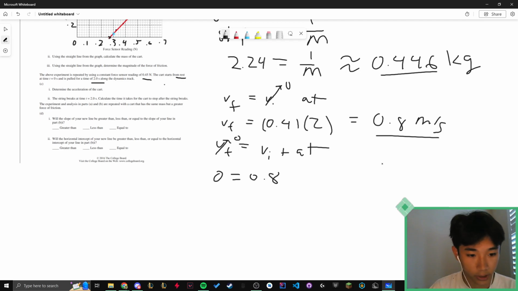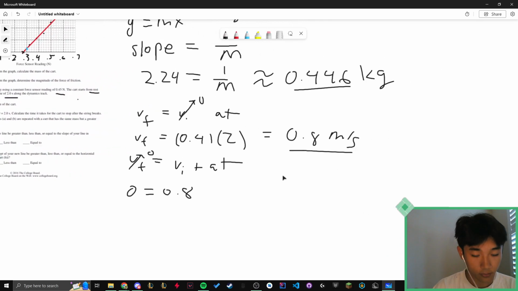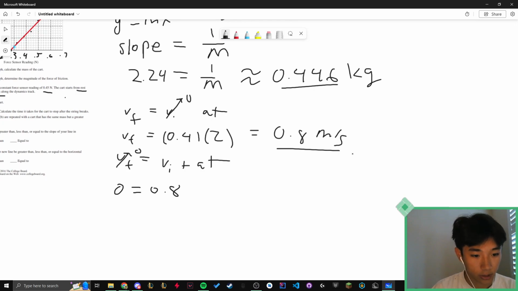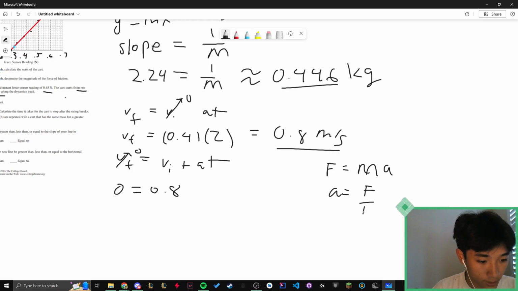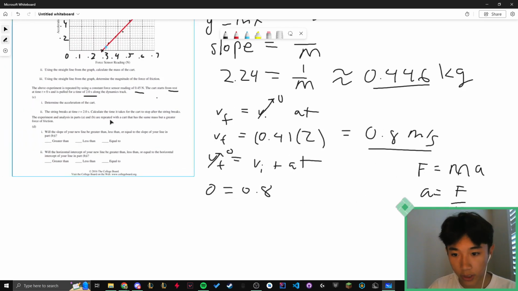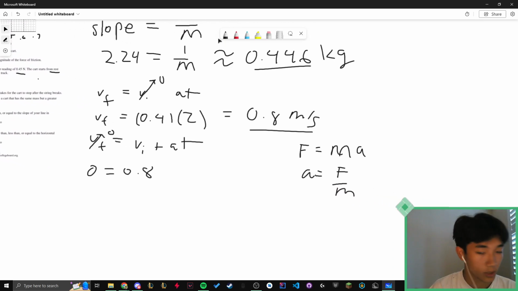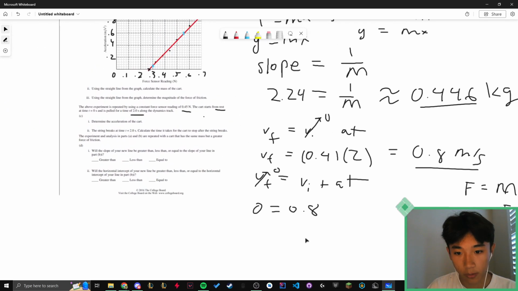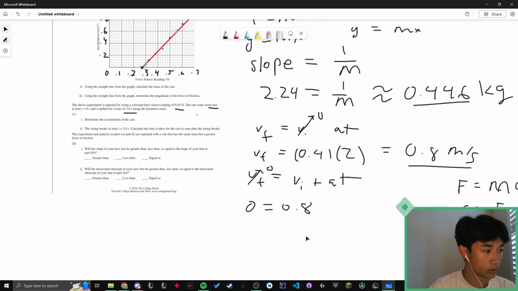and what is a actually in this equation? Well, a is going to be equal to force equals ma, so a is equal to force over m. And force in this situation is actually going to be the force of friction, and we know the force of friction is going to be negative in this situation.